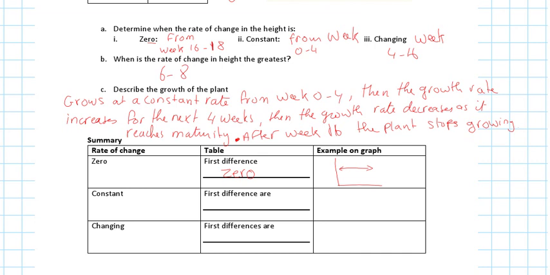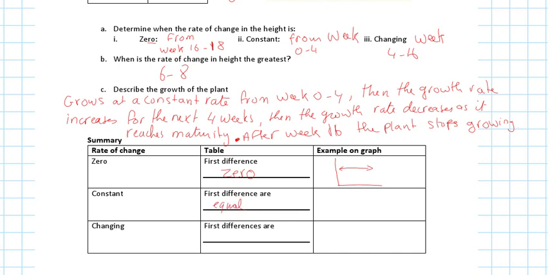If the rate of change is constant, what do you see with the first difference? In general, what would it be? The same number. It will be constant, right? The first differences are the same, or constant, or equal. Okay?